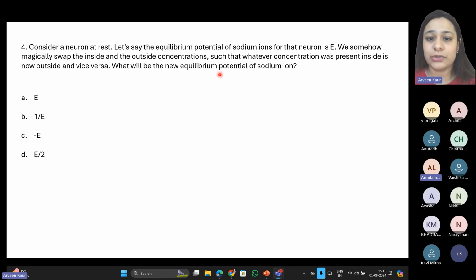What will be the new equilibrium potential of the sodium ion? Will it remain as E, or will it be 1 over E, or minus E, or E by 2? What do you think will happen? Go through the statement again. Maybe it will come to you guys.